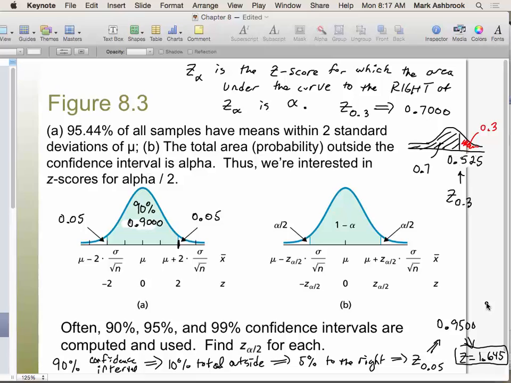So for a 90% confidence interval, the z-score will be plus 1.645, and then by symmetry, what will the z-score down here be? It's centered right on the mean, right? So if 5% above is this z-score, then 5% below is going to be negative 1.645.